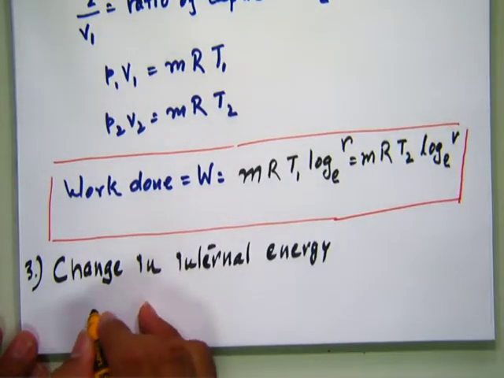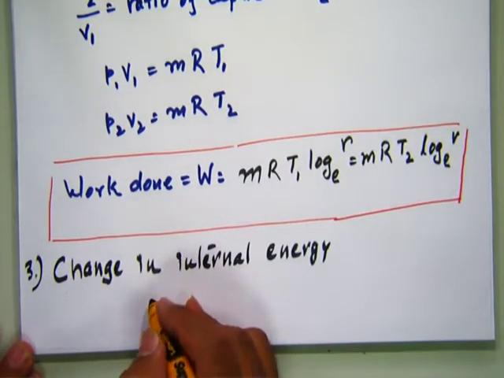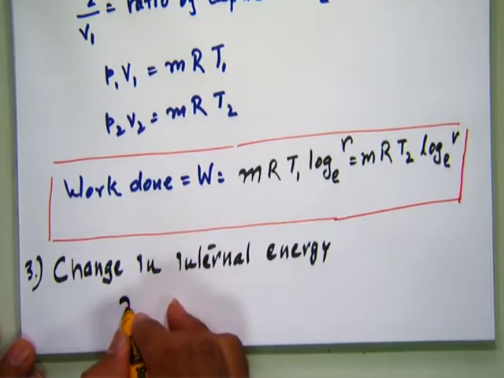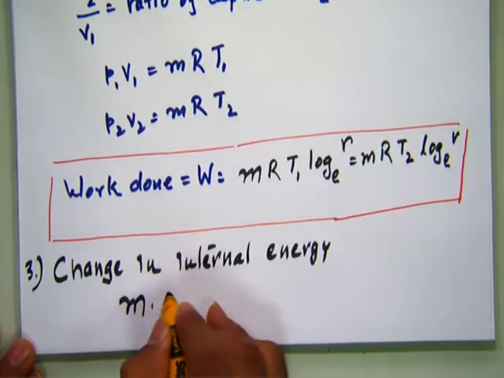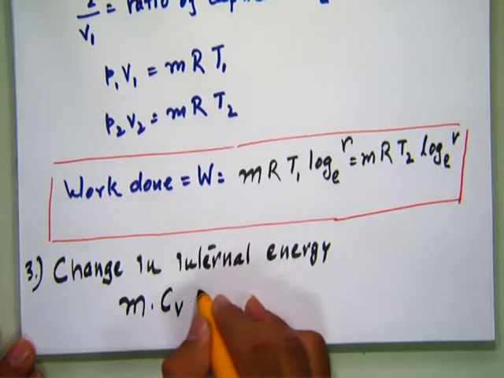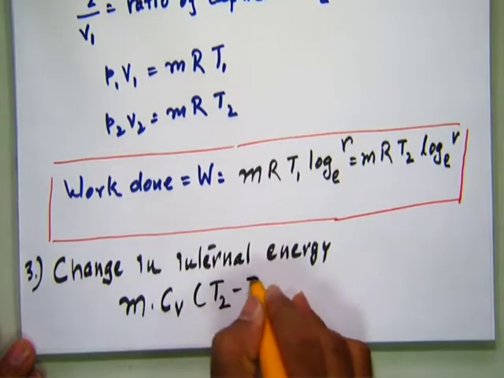Change in internal energy you can give by the equation m into Cv into T2 minus T1.